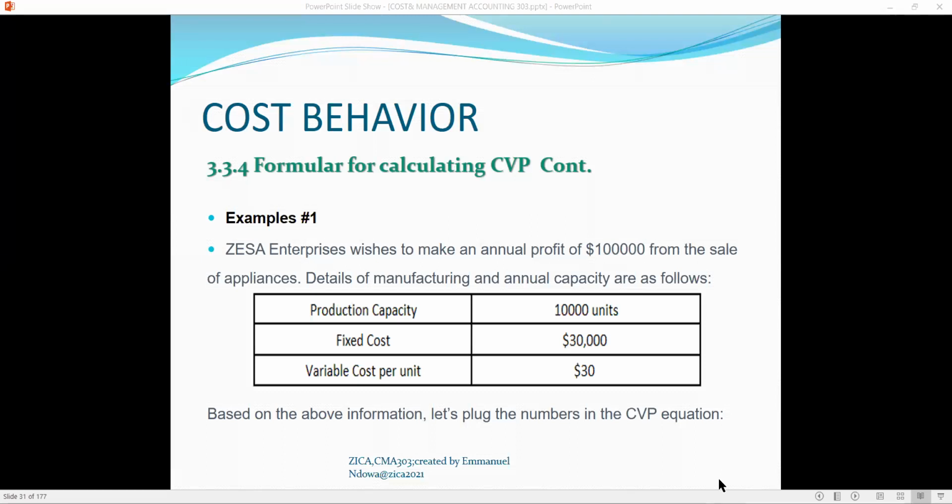We said earlier on, it is fixed cost divided by the contribution per unit. We don't need to forget that, isn't it? If we are calculating the break-even point by the contribution margin method, it is fixed cost over contribution per unit. The contribution per unit is selling price minus variable cost per unit. Are we on the same page on that?